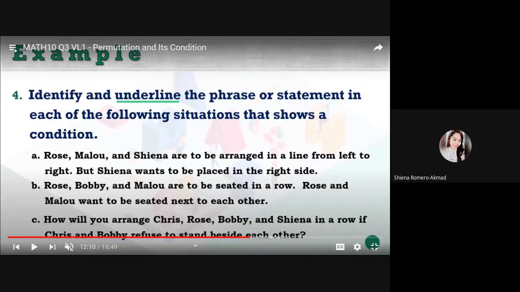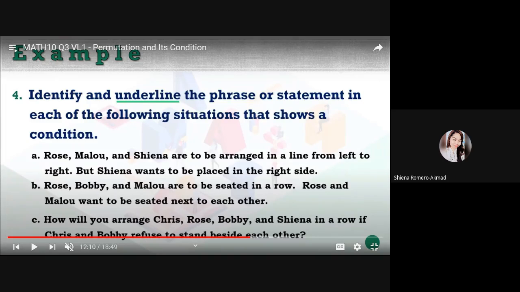Can you help her? Anyone in the group? Sheena wants to be placed on the right side. Sheena wants to be placed on the right side or in the right side. That is the condition. Bakit kaya? Kasi when we say condition, there is an element or an object that needs to be placed in a certain position.